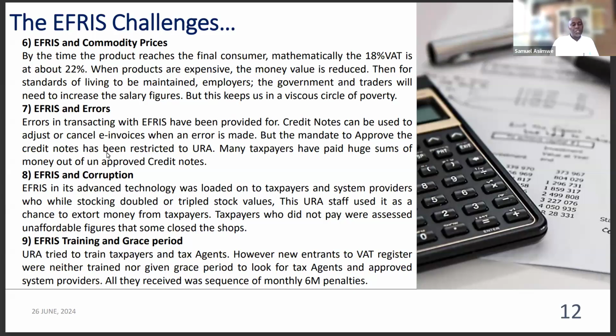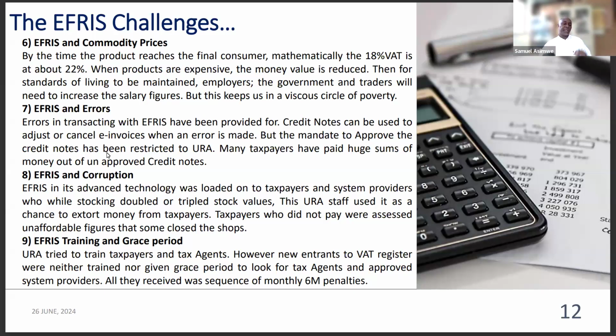As taxpayers put in the stocks, they made errors. You are supposed to put in 10 pieces of soap, you put 100, or you maybe double click, and then the figure goes to even 1,000.